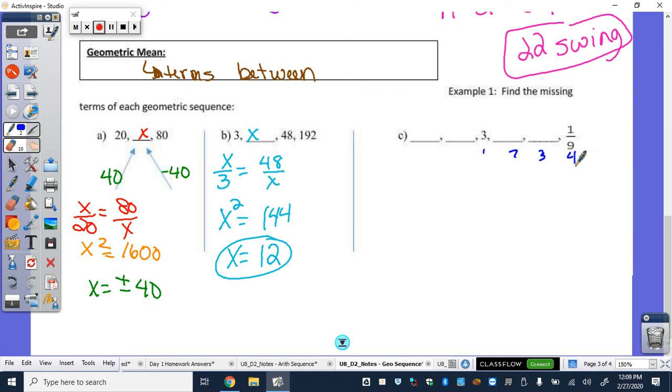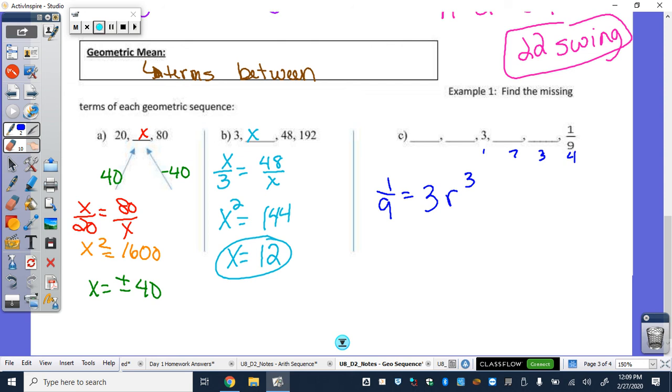So I'm going to call that my nth term for now. So my nth term, which I'm using as 1/9 as my fourth, equals my first term, which I've said is now that number 3 right there, times my ratio to the third, because it was 4 minus 1 in my exponent there. So now we can figure out what our common ratio is.